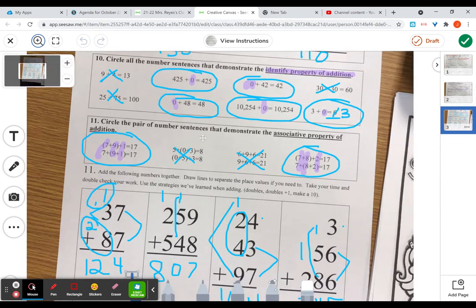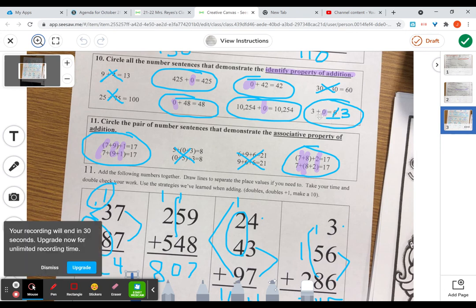So we can see pretty clearly here that 425 plus 0 is 425, that's the identity property. 0 plus 48, identity property. 0 plus 42 equals 42, identity property. 10,254 plus 0 is 10,254, identity property. And 3 plus 0 does equal 3, so I circled it. However, if you don't circle this one, this would not technically be the identity property because the whole problem was incorrect.